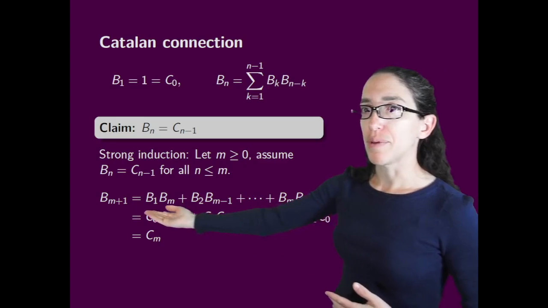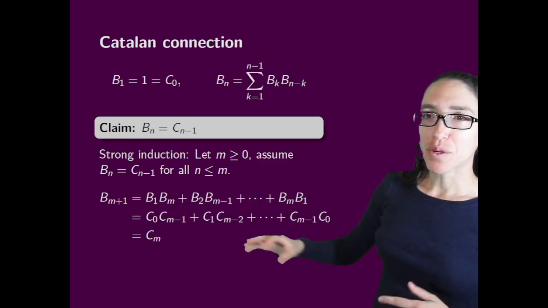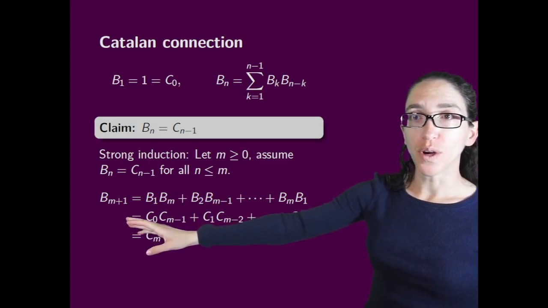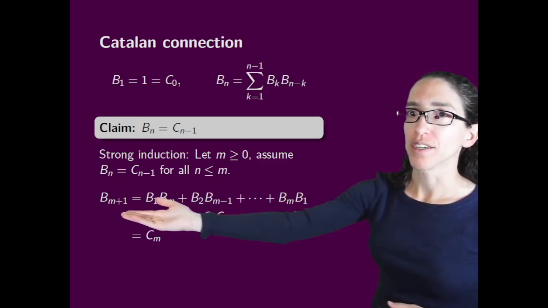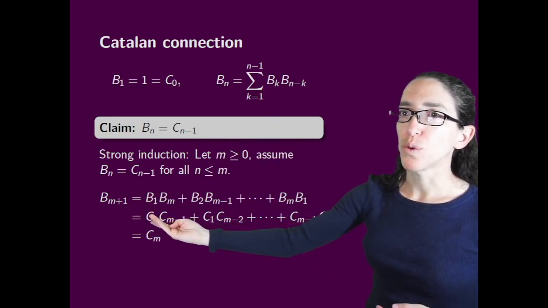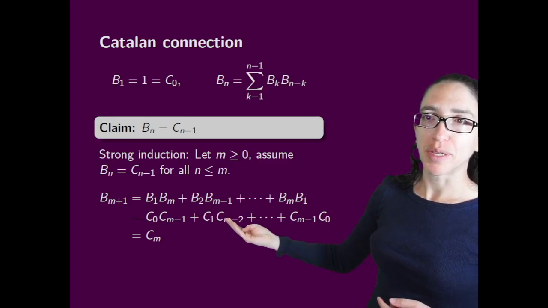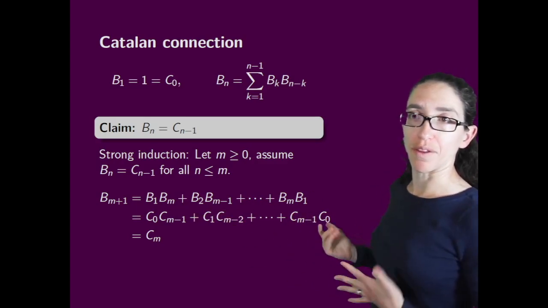Then we want to show the claim for b sub m plus 1. We want to show that that's equal to c sub m. So we do some calculation here using the recursion for b sub n. B sub m plus 1 is b1 times bm plus b2 times bm minus 1 plus b3 times bm minus 2 up to bm times b1. That's where it stops.